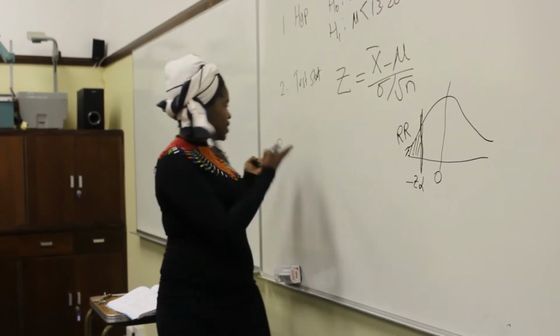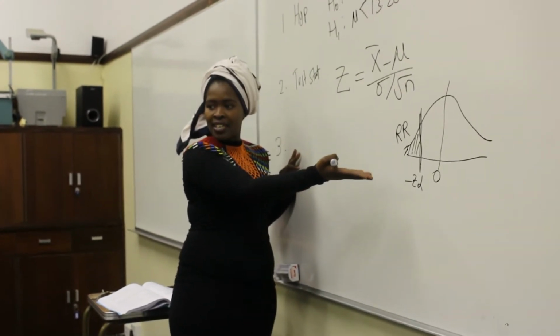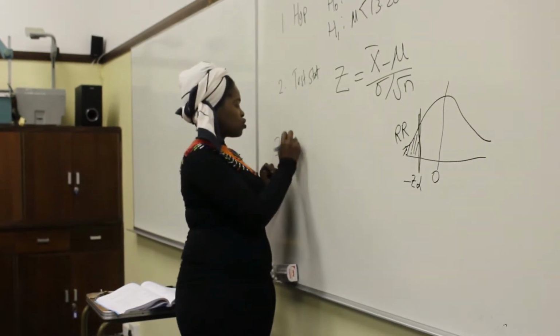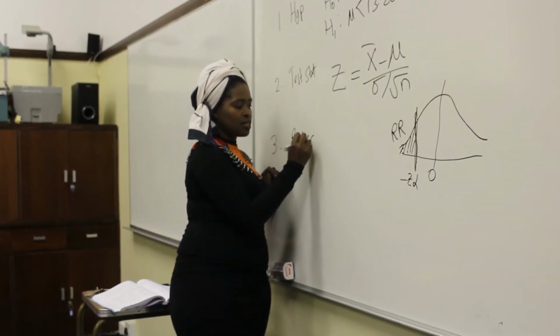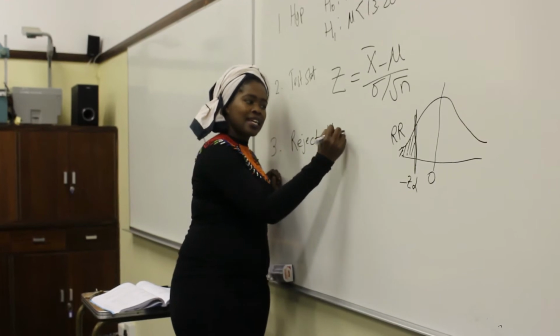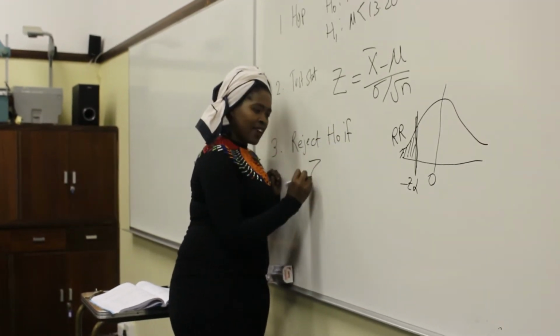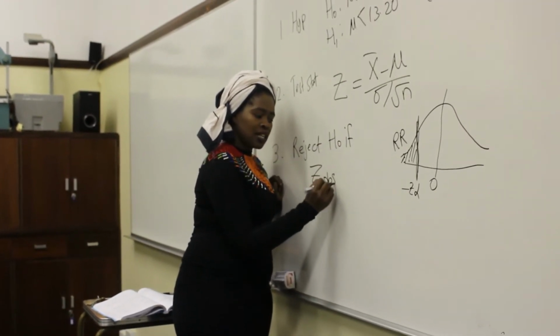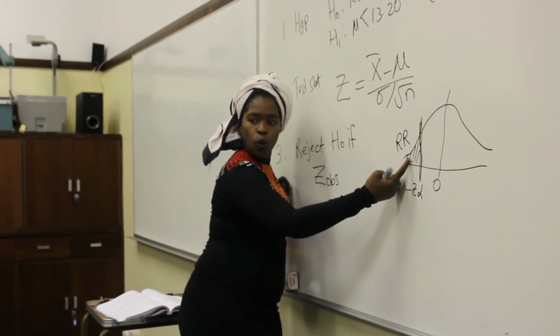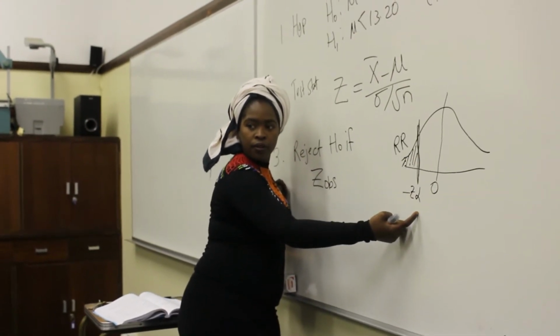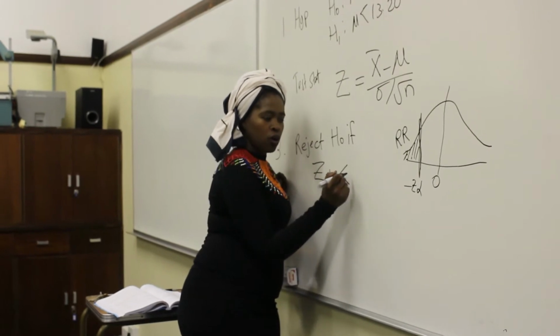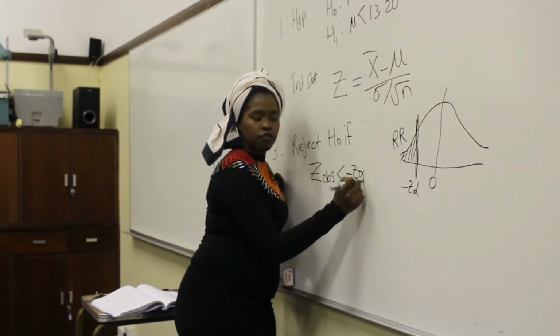Okay? So now in this step, I'm writing that mathematically. So here I'm going to say, I am going to reject H naught if the value of Z that I observe is below this value, is below minus Z of alpha.